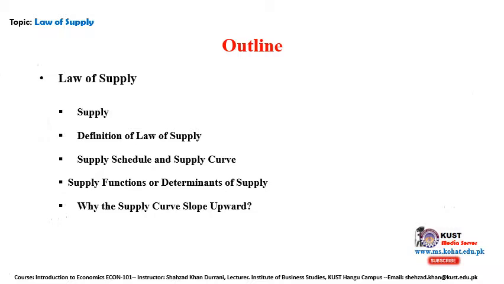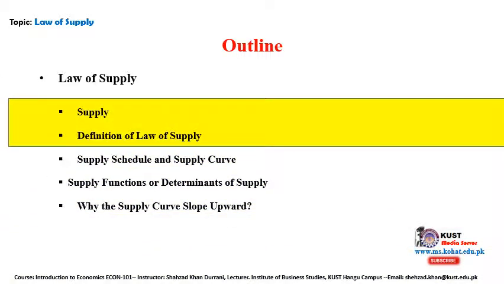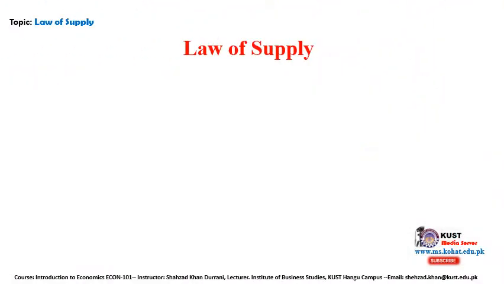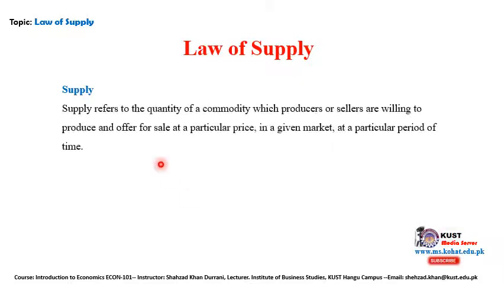Let's start from the law of supply and the definition of supply. The basic concept of supply: supply refers to the quantity of a commodity which producers or sellers are willing to produce and offer for sale at a particular price in a given market at a particular time period.